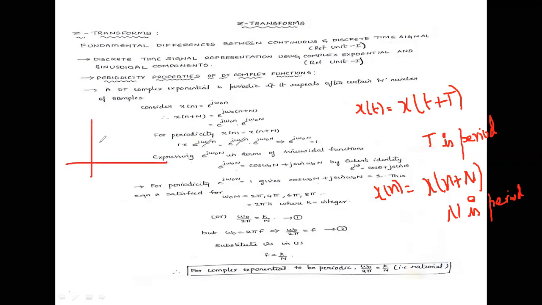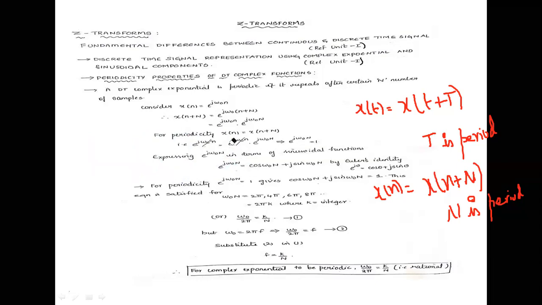Suppose the waveform looks like this from 0 to T, again it is repeated from 0 to 2T and 0 to 3T. For every T samples, the signal repeats. We can call it the periodicity property of the periodic signal.